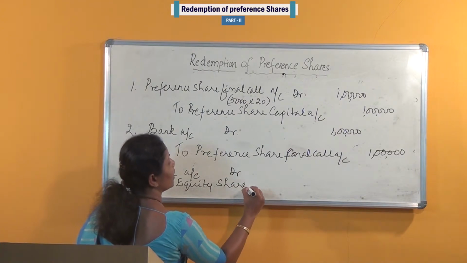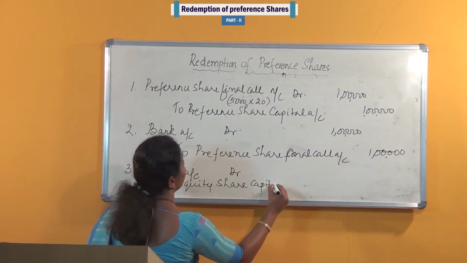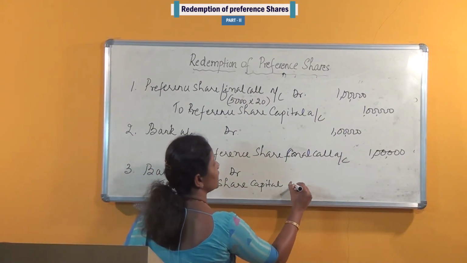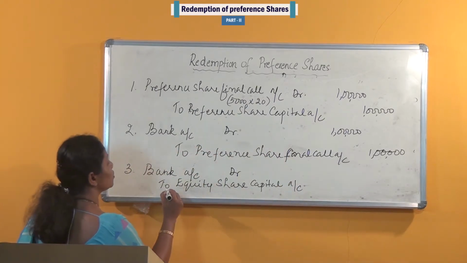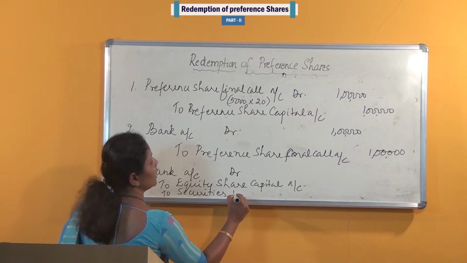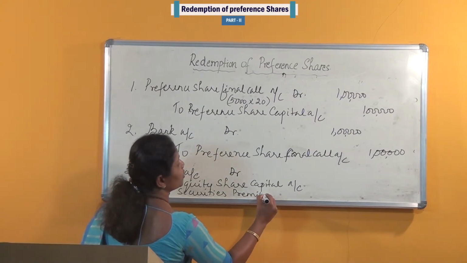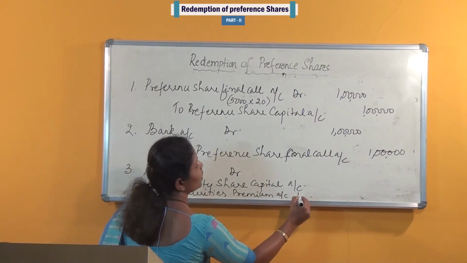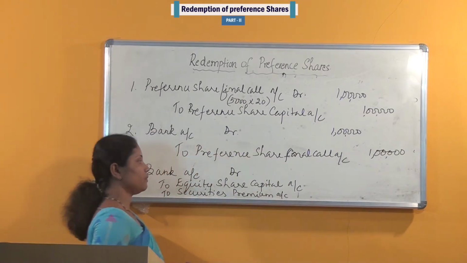Share capital account has to be credited with face value of the shares issued and to securities premium account. Securities premium account has to be credited with the amount of premium.